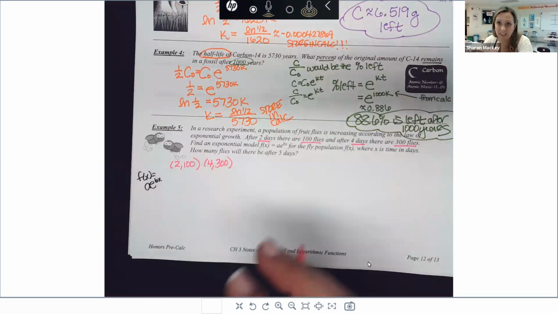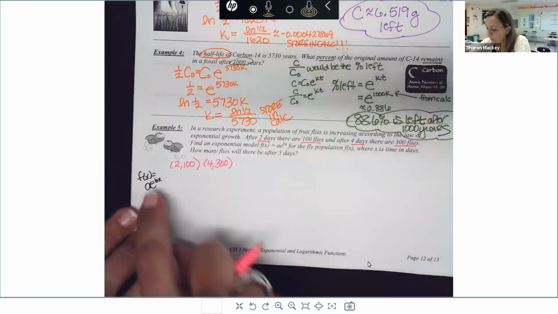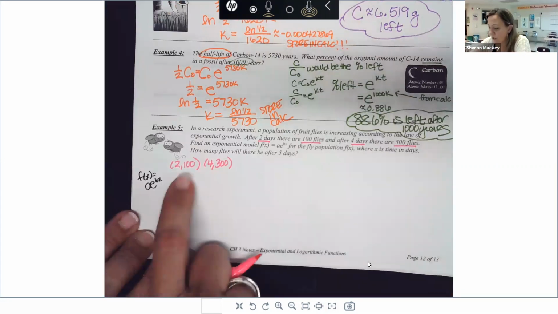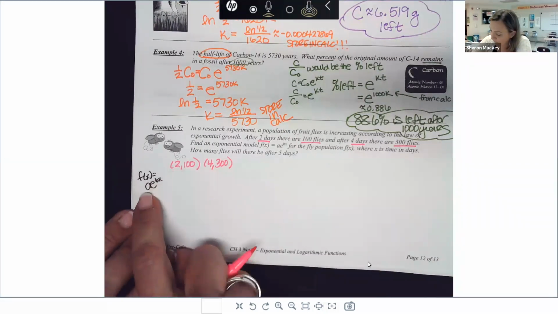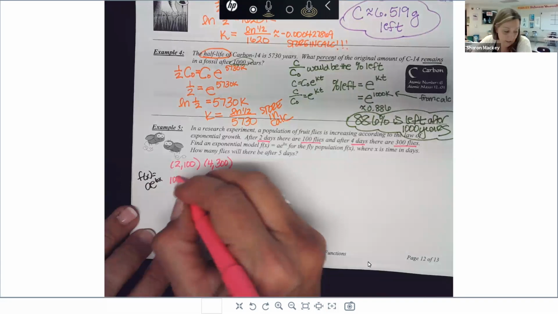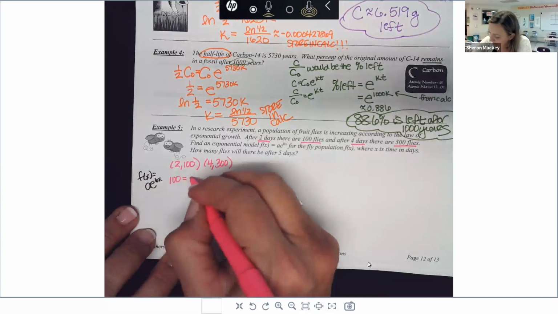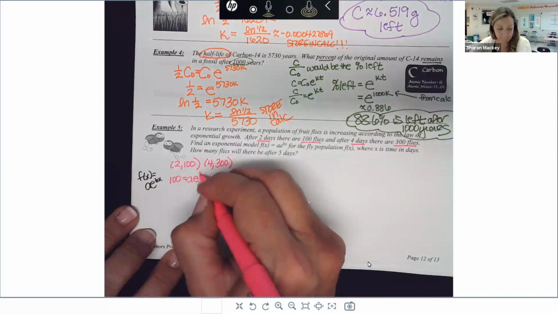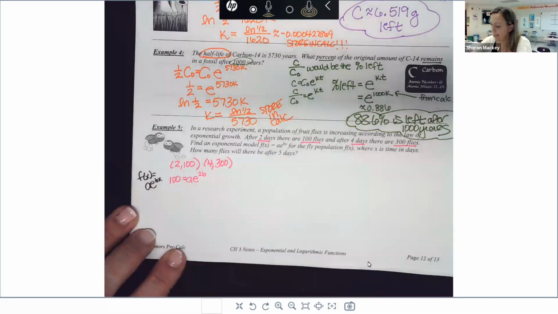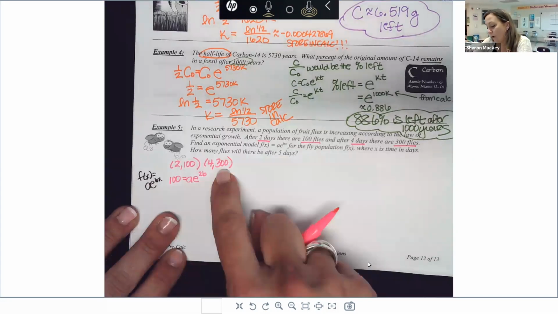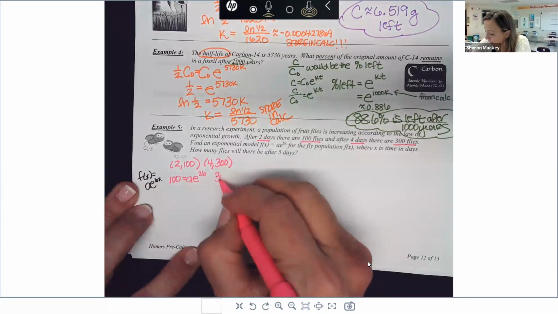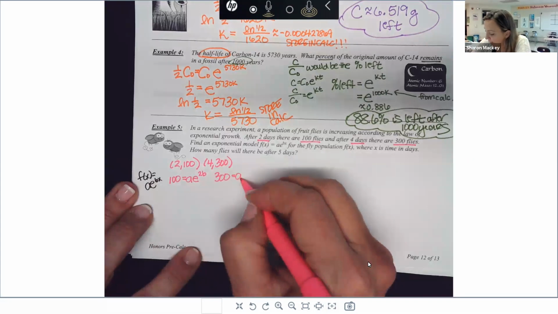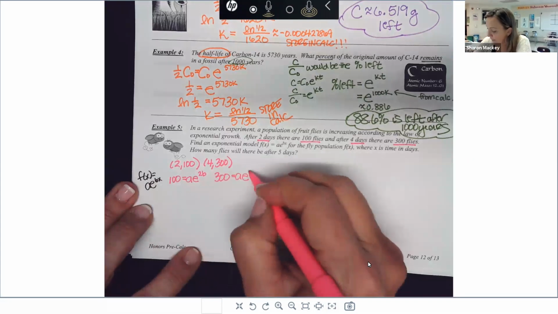So let's make a system of equations of sorts. If I use (2, 100) in this equation, I would end up with 100 equals a times e to the 2b. And if I use 300 in this equation, that's going to be 300 equals a times e to the 4b.